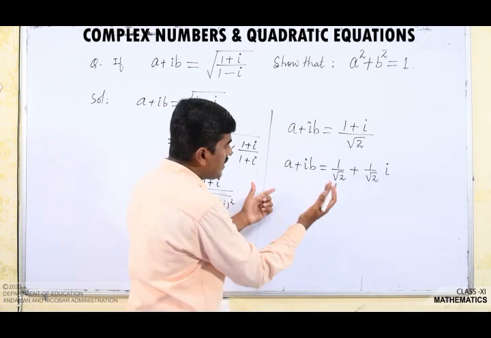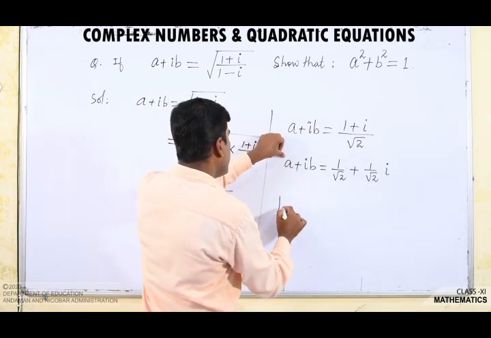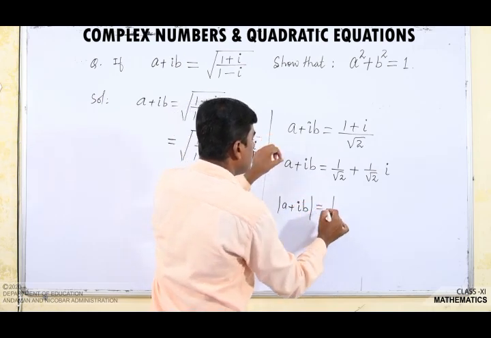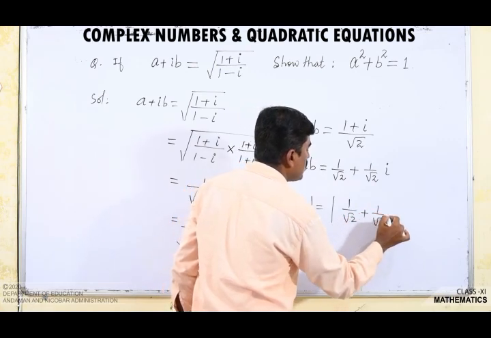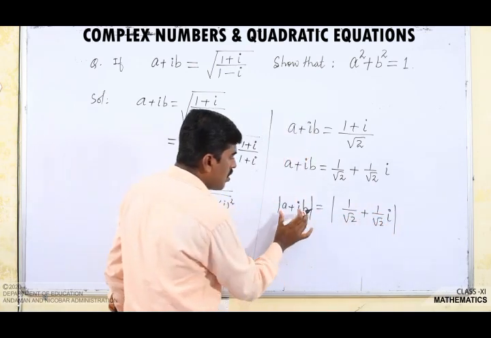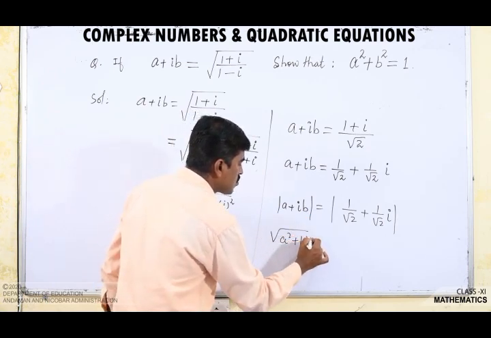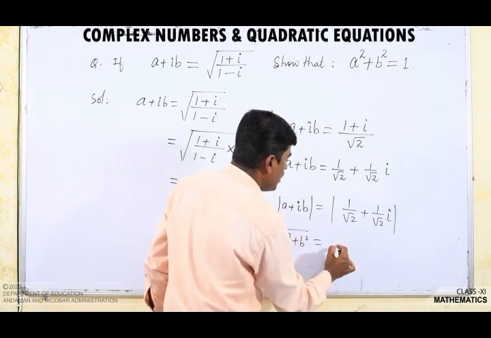Now we can take the modulus of this complex number, that is mod of a plus ib is equal to mod of 1 upon root 2 plus 1 upon root 2 i. So what is the modulus of this complex number? That is root over a square plus b square, and it is equal to, what is the modulus of 1 upon root 2 plus 1 upon root 2 i?